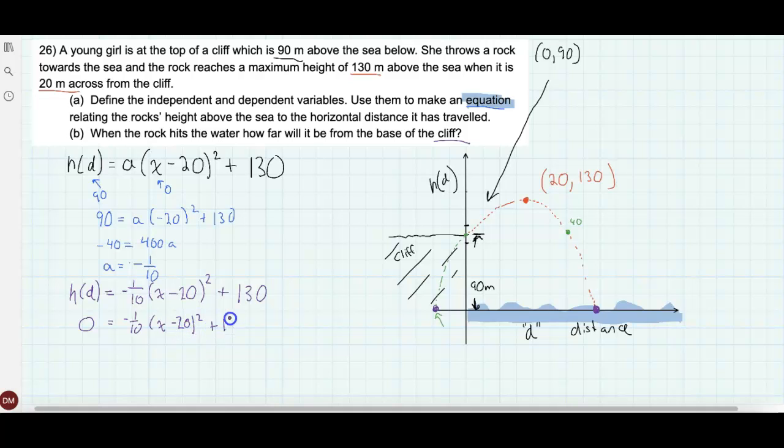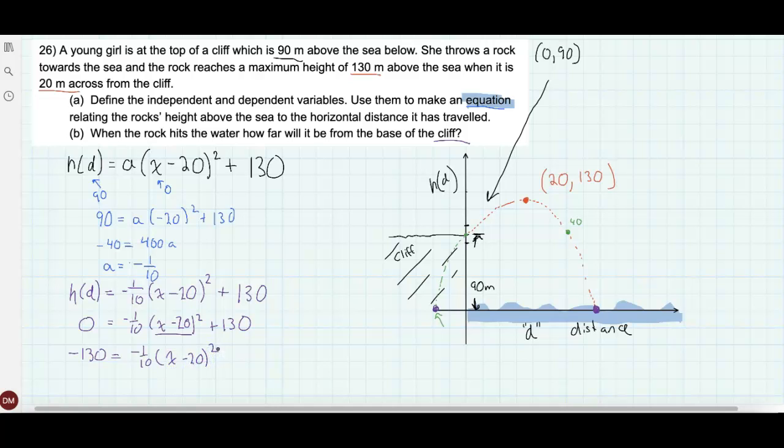squared plus 130. Whenever we have a perfect square, the best method, rather than expanding all this, setting it equal to 0, and then using the quadratic formula, is to isolate the perfect square. So subtract 130 from both sides. I'm going to slow it down a bit.